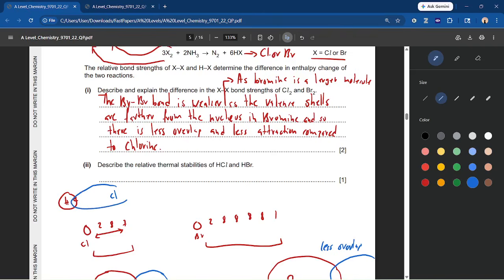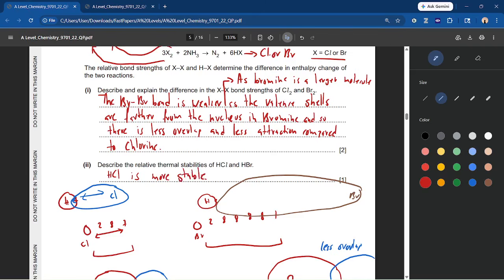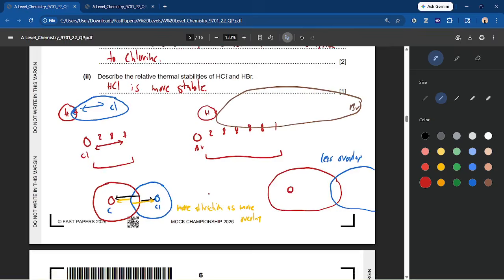Still closer compared to that, but if we do it for bromine, where you've got hydrogen over here and its electron, bromine would be all the way over here. That's significantly farther, right? So you're going to write HCl is more stable. All right, so let's move on.